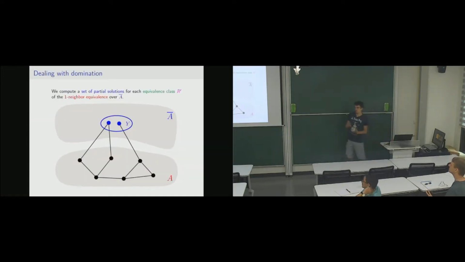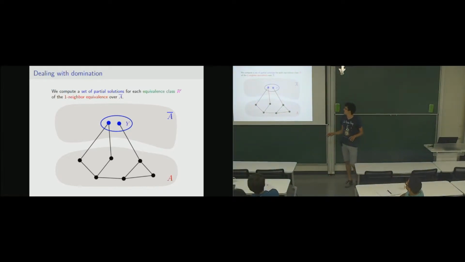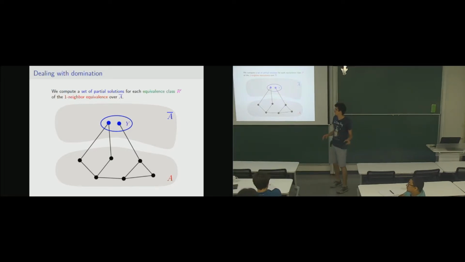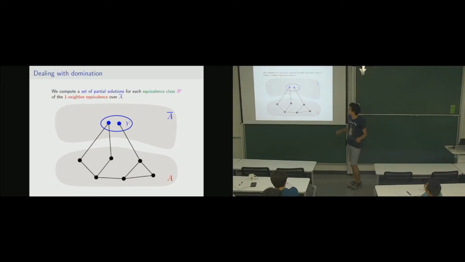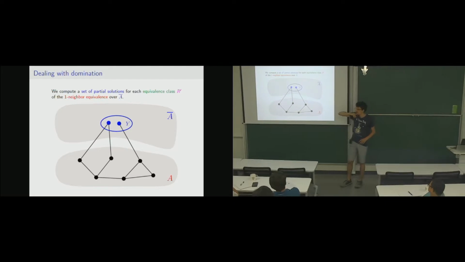So there are two constraints in your problem, the domination and the connectivity. I will explain first how we deal with the domination. The idea is that you compute a set of partial solutions. You have a cut, and you compute a set of partial solutions for each equivalence class of the one neighbor equivalence over the complementary.